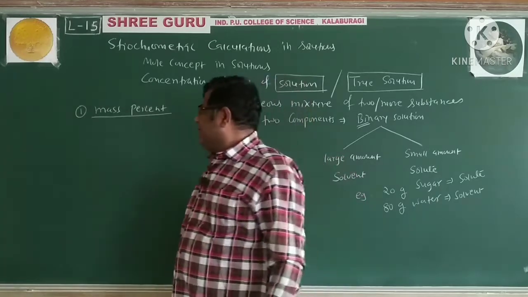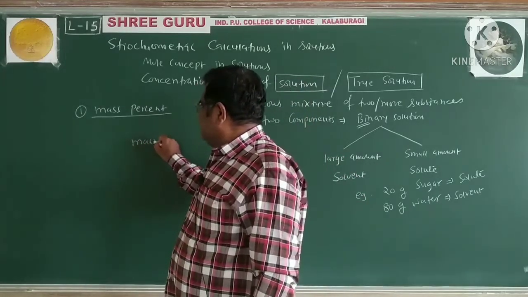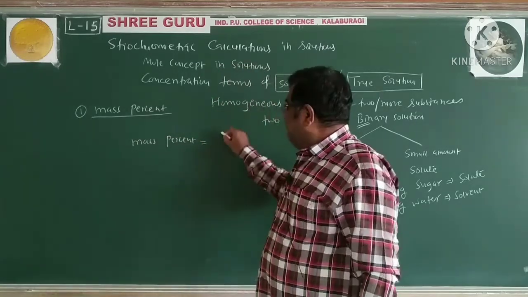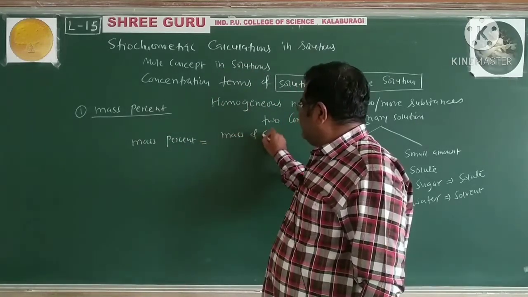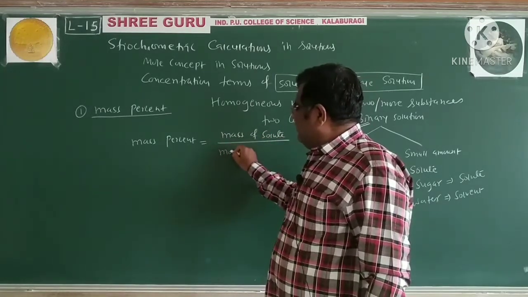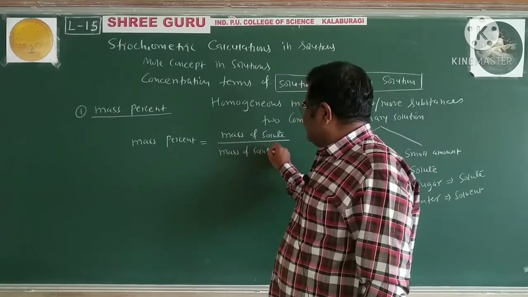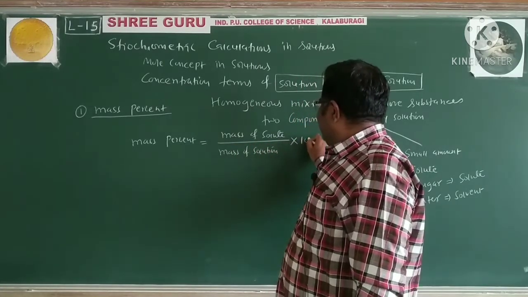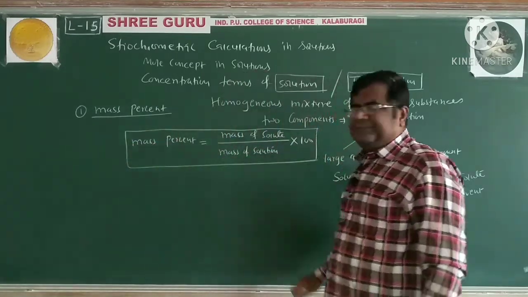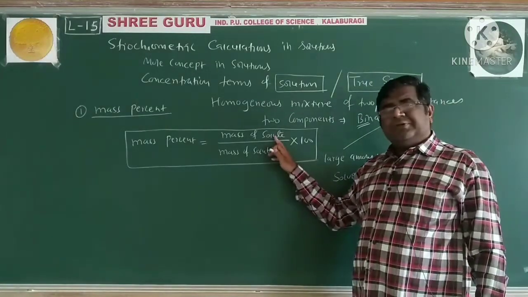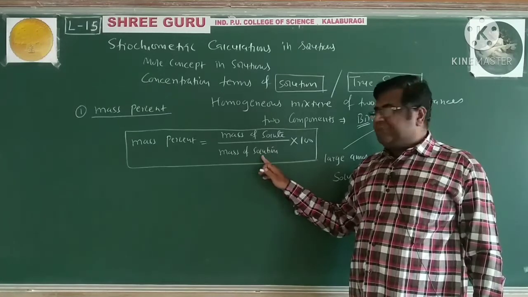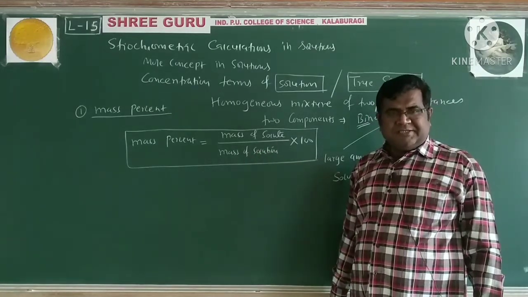We can say mass percent is equal to mass of solute divided by mass of solution, multiplied by, as it is percent, 100. So it is the mass of solute present in 100 gram of solution. That is called the mass percent.